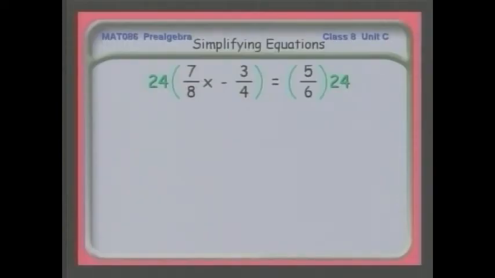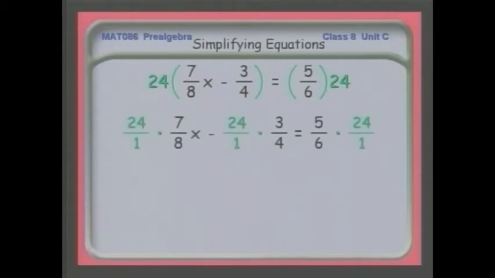Watch what happens now. I'm taking that common denominator of 24, which you see goes into 8, it goes into 4, and it goes into 6. And now I'm going to perform this multiplication, doing what I did before, canceling out common terms between the numerator and denominator. Here's how we do it.